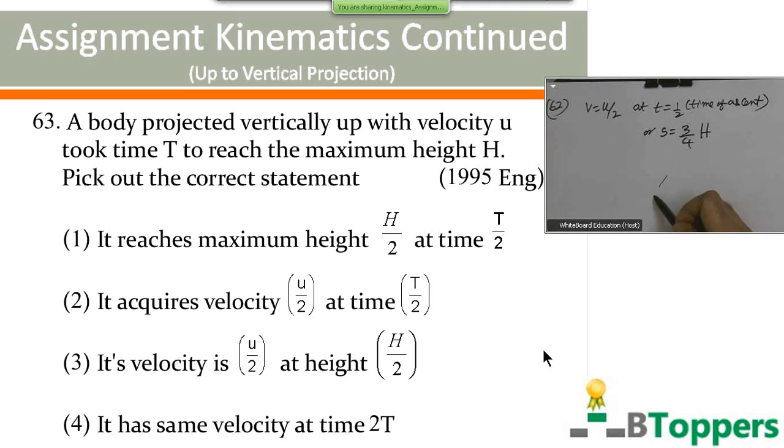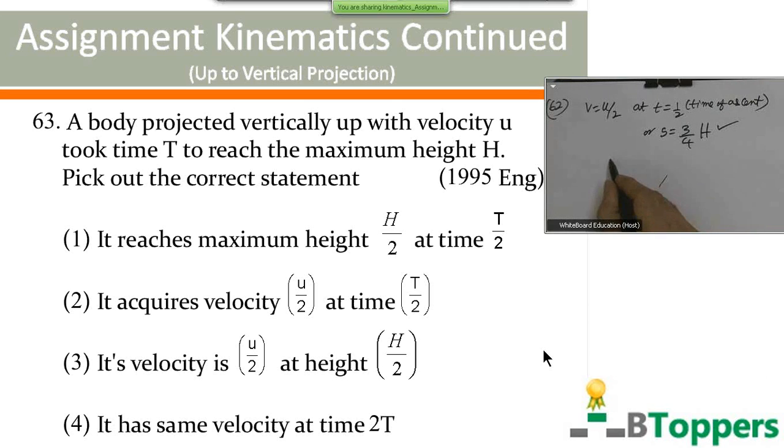Second statement is correct. The third statement is wrong because velocity becomes equal to U by 2 at 3 by 4th of the maximum height. Calculation for this I have discussed earlier before starting problems in vertical projection. And the fourth statement is wrong because after time 2T, where capital T is the time of ascent, it returns to the point of projection.